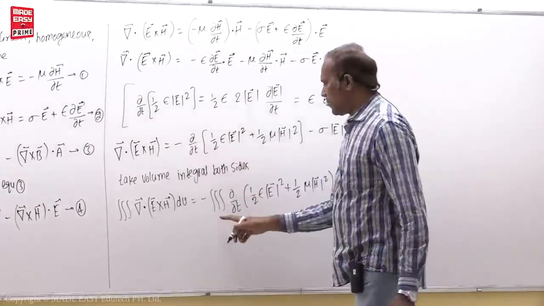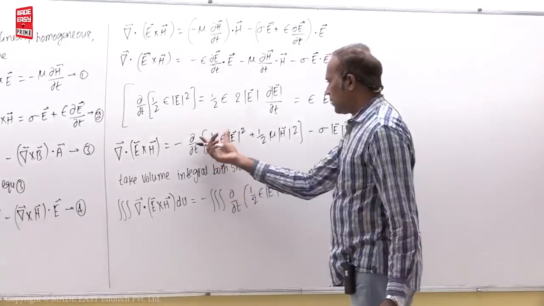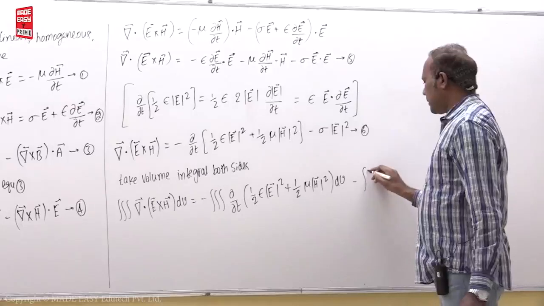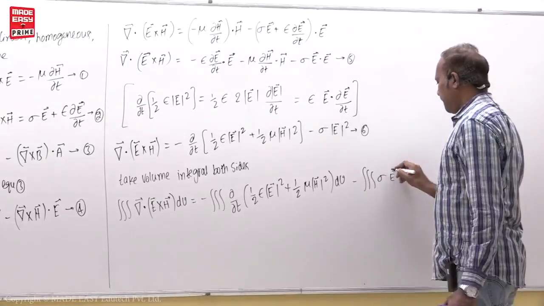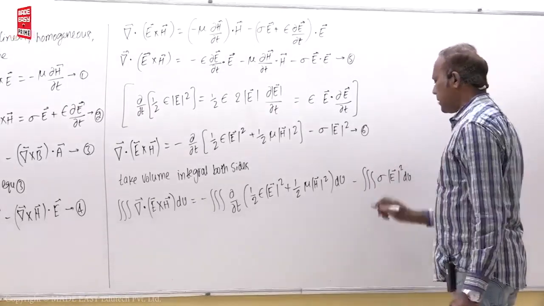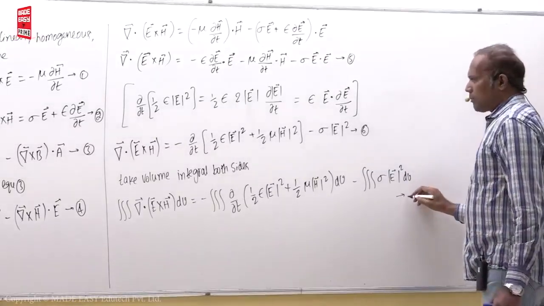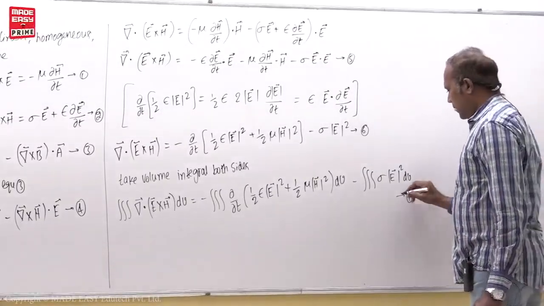Dear students, I brought the minus outside. So this term is as it is, triple integral dV is taken, and again minus triple integral of sigma mod E square dV is taken. Let us say this is equation number 7.